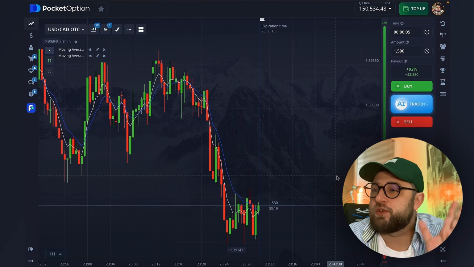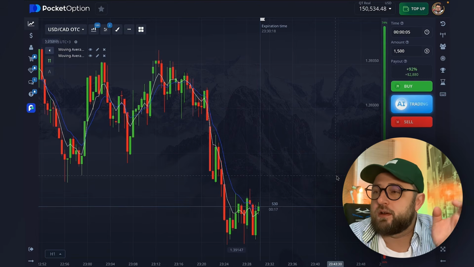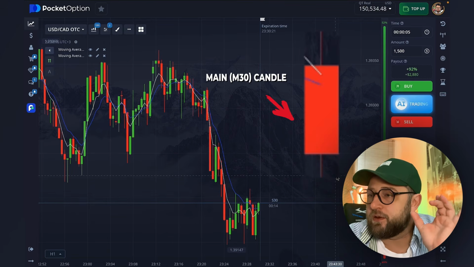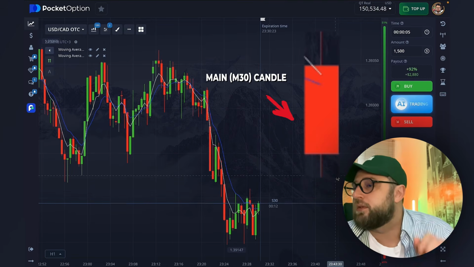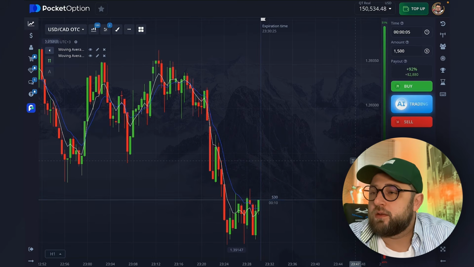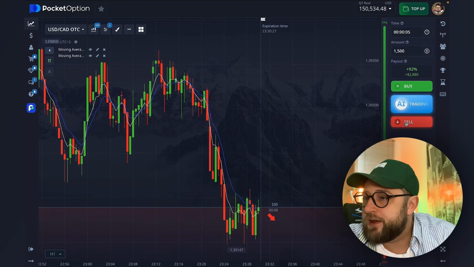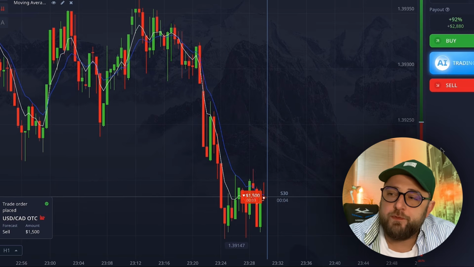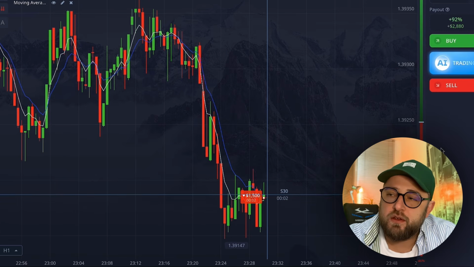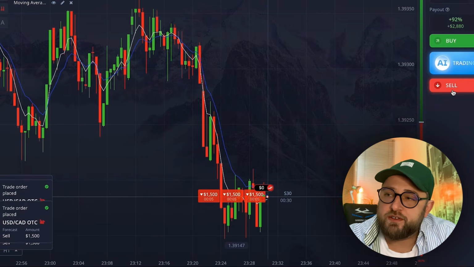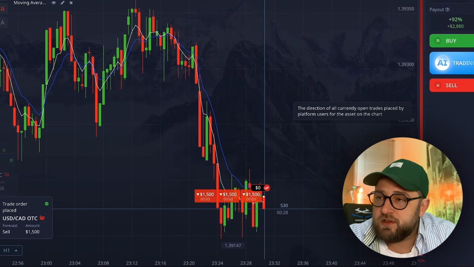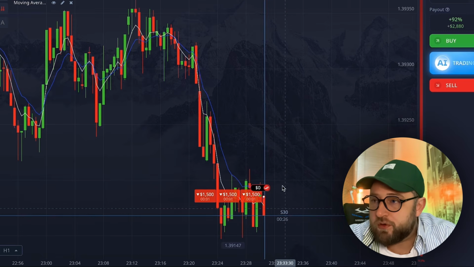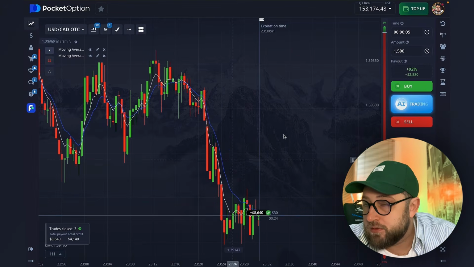Here, it doesn't matter which color this candle is, because the main color is the color of the M30 candle. And let's go. Not the 5 second trade. Okay, martingale immediately, as you can see what I'm doing. And you see how strong it's going. Woo!